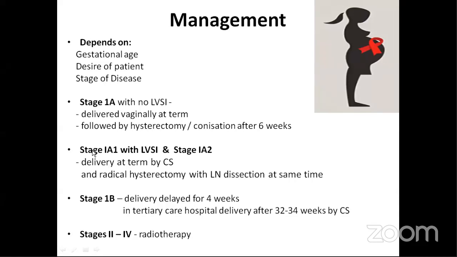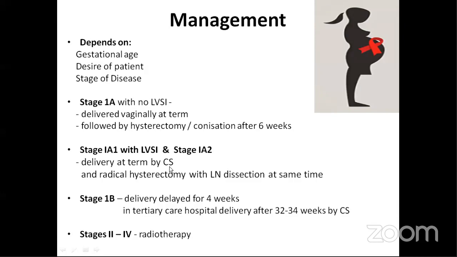Okay, stage 1A1 with lymphovascular space invasion, and stage 1A2, delivery at term. You can take her till term again, but here you need to deliver her by cesarean section because implantation or excessive amount of bleeding is noted in these stages.